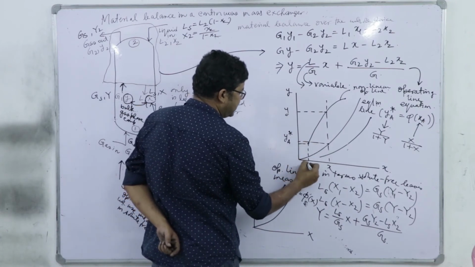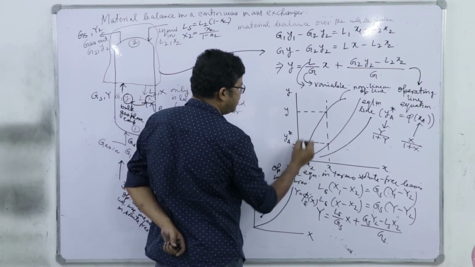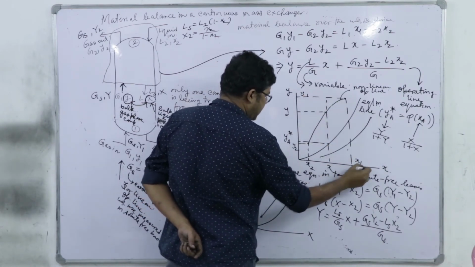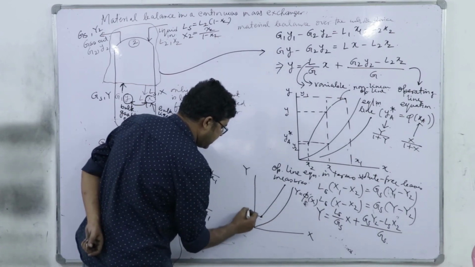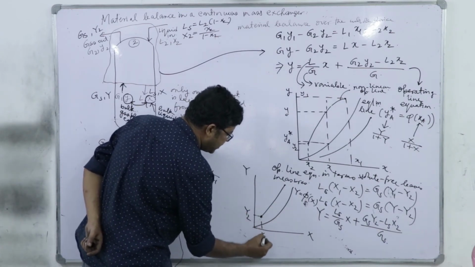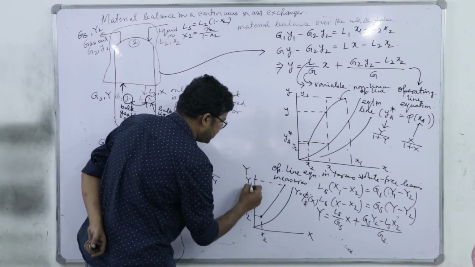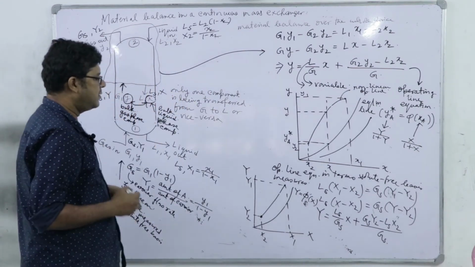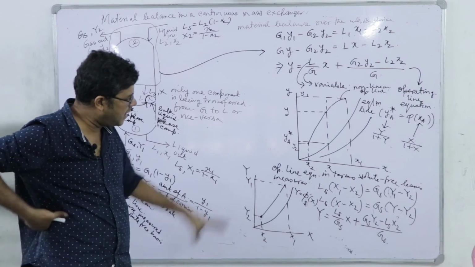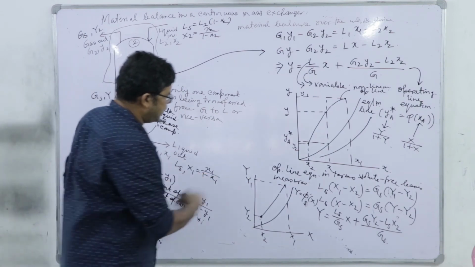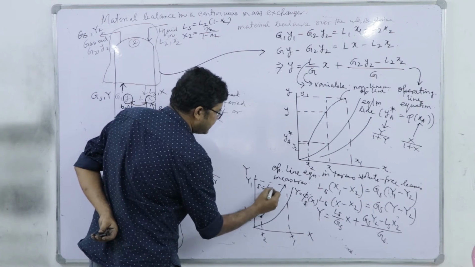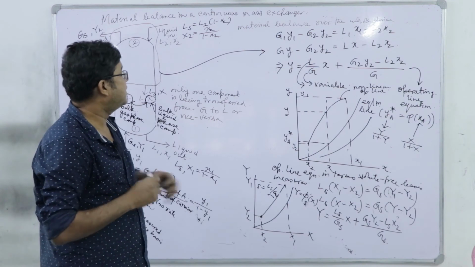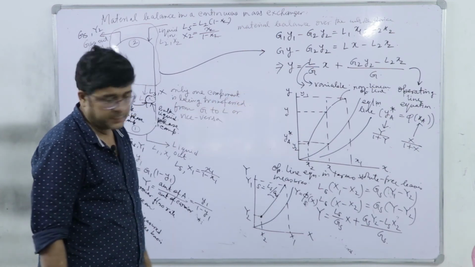In the previous, this will have x2 and y2, this will be having coordinates y1 and x1. Here this will be capital Y2 and capital X2, this will be capital Y1 and capital X1, right. Now, it's converted to a linear operating line equation. Here the slope is LS by GS, which is constant, but here the slope is changing. Now, if it is stated that how to draw the operating line in the small x small y coordinate.